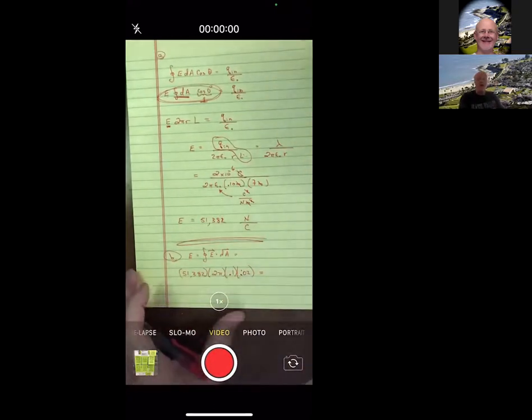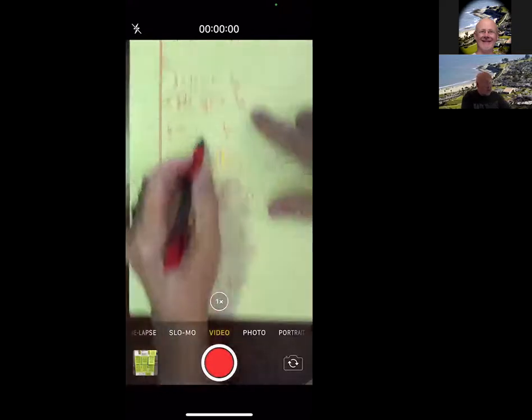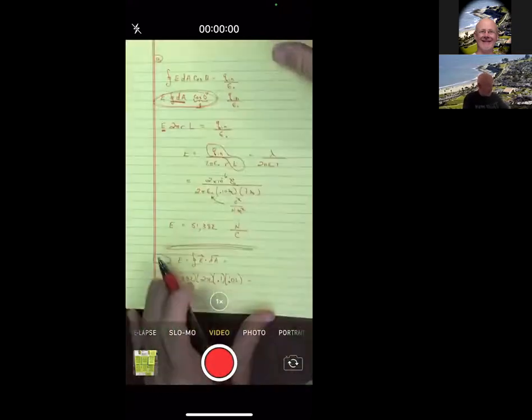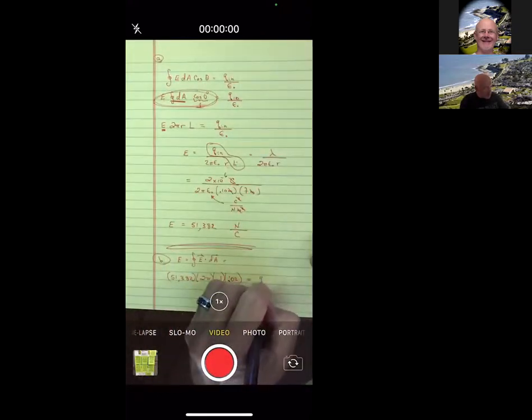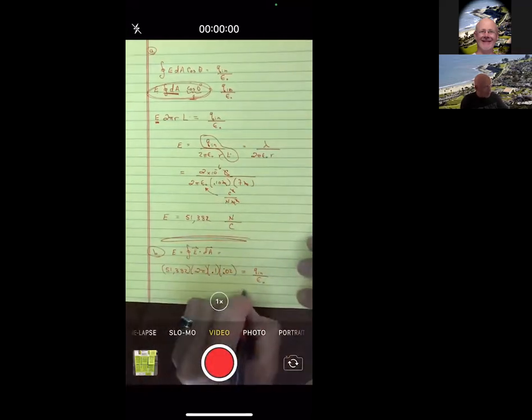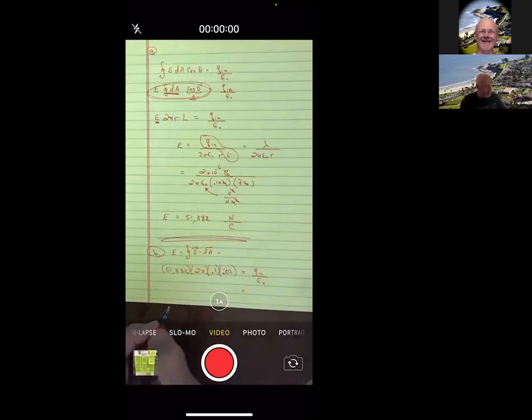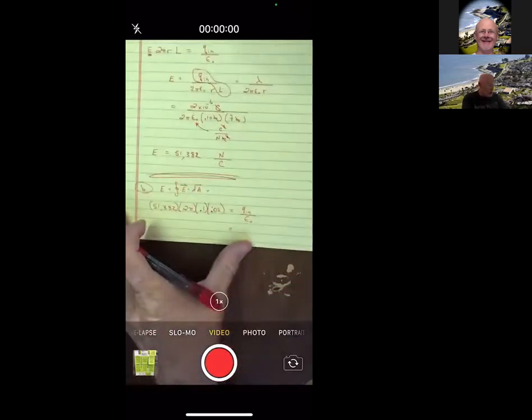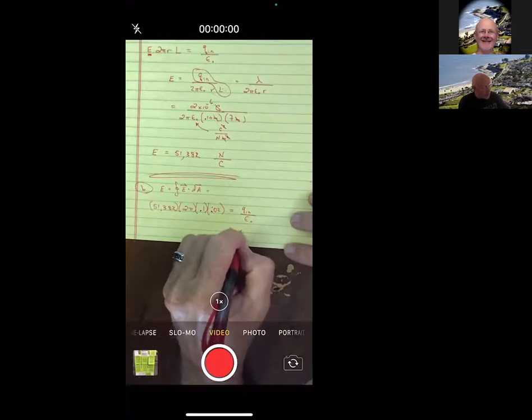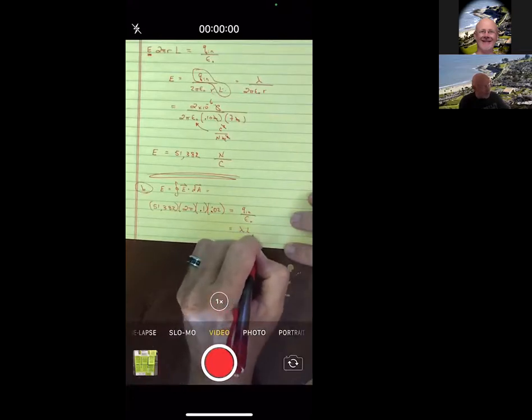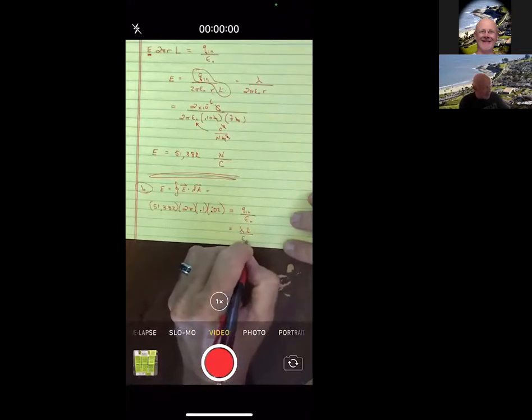So I don't know which would be easier, because the other side of this equation is just the charge enclosed over epsilon naught. And the charge enclosed would be the charge density times the length.